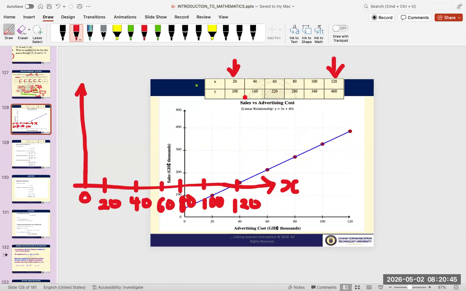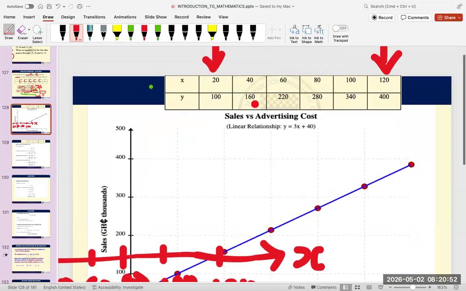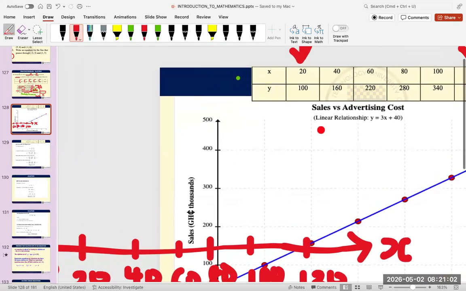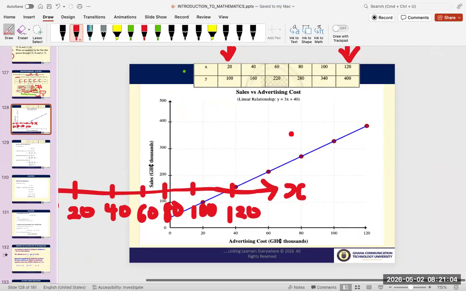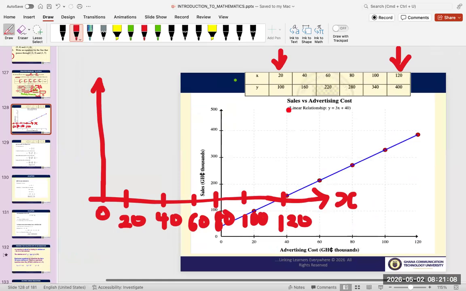But this one is not like that. The first difference here, 100, 160, is 60. So you could see 60, 60, 60, 60. But the way the graph sheet is, you can't use the 60. So you have to use intervals of 100.